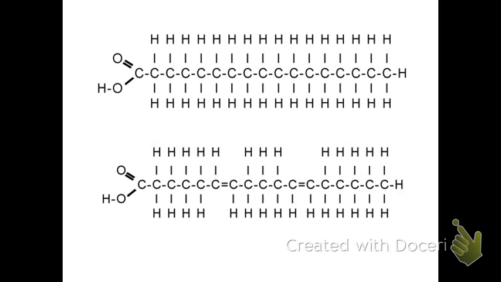Now we're going to look at some more details about the difference between saturated and unsaturated fatty acids that would be good for you to understand and know for the IB exam. So first of all, we're going to look at some of their physical properties.